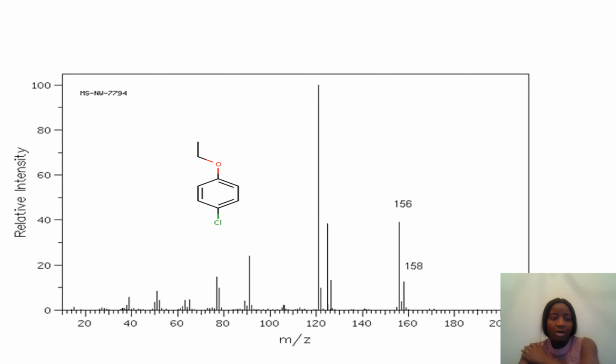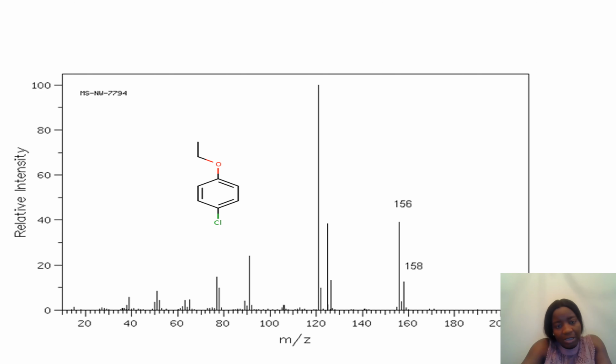Mass spectrum. We looked right here at the parent peak, and we realized we have a molecule that has a molecular mass of 156. This is the molecular mass M, and we have an M+2 of 158. We then look at the ratio, and we realize we have a ratio of 3:1, which means we have chlorine on our molecule.